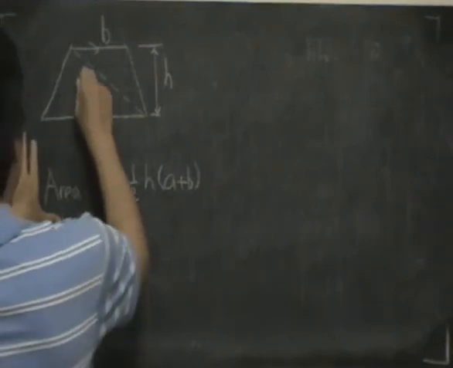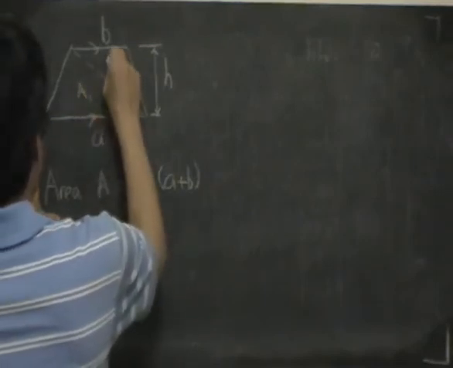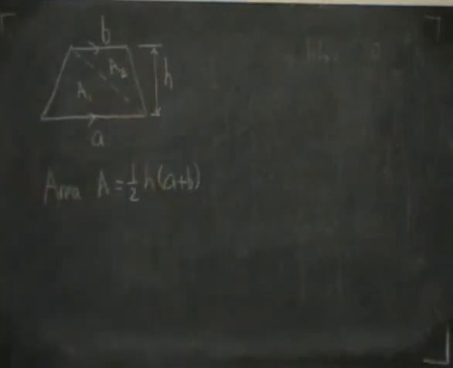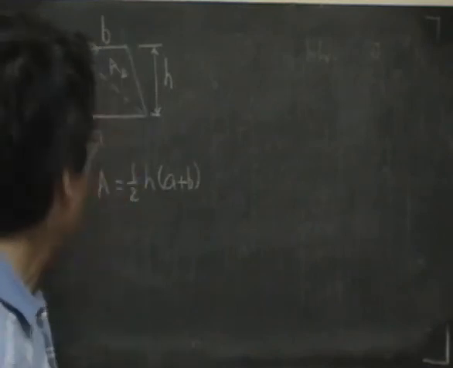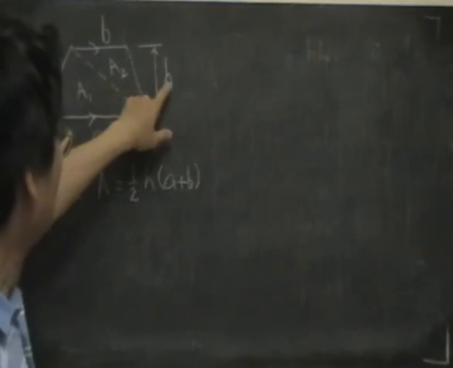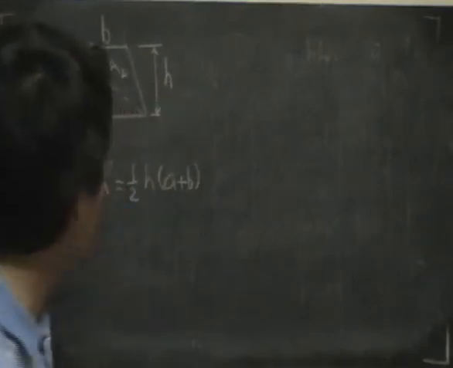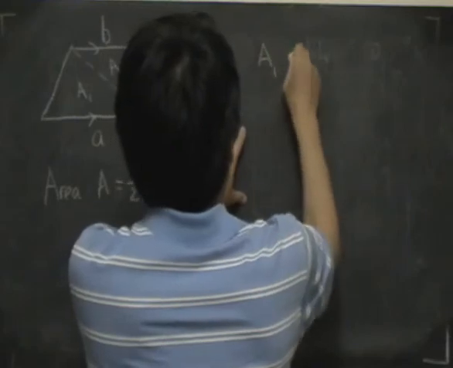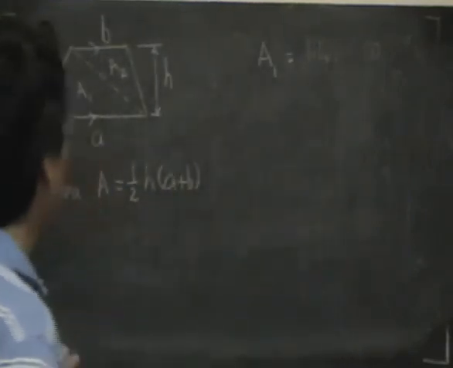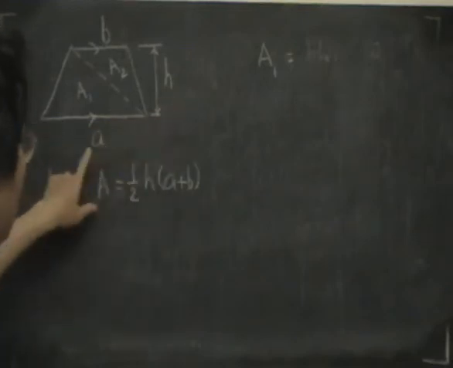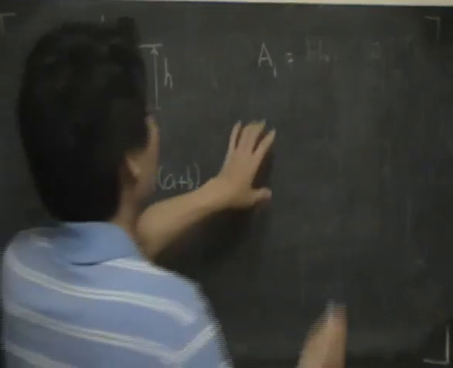So let me call this A1 and call this A2. Now I'm going to write down the formula for A1 and A2 using the sides A, B, and the height H. So A1 is a triangle. Therefore, the area is half base times height. So half times A times H.